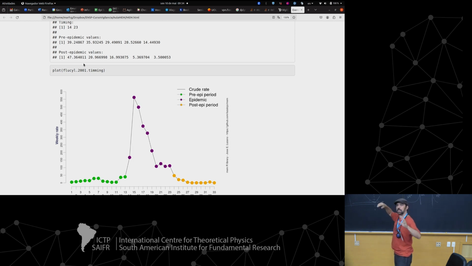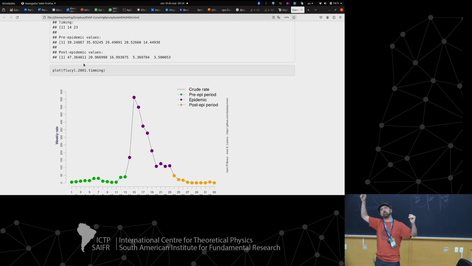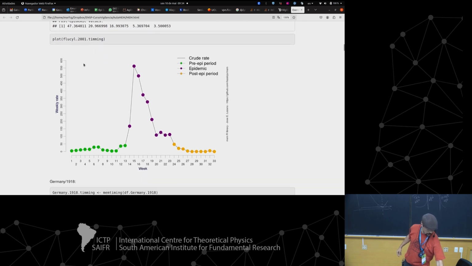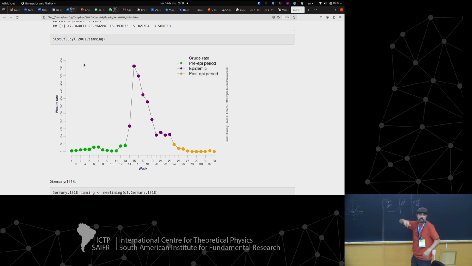Now, since in the object that we passed to the function, we didn't inform it that row 1 was week 40, row 2 was week 41, and so on and so forth, it has no way of knowing that, so it assumes that the index is already your weeks. So it uses here on the x-axis the label week, because this is what it is expecting to receive in your data set.